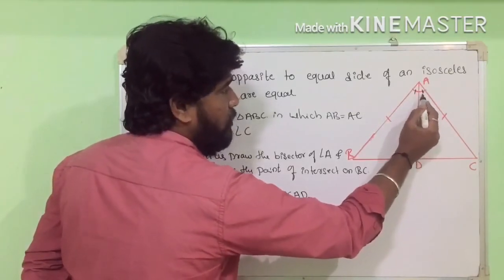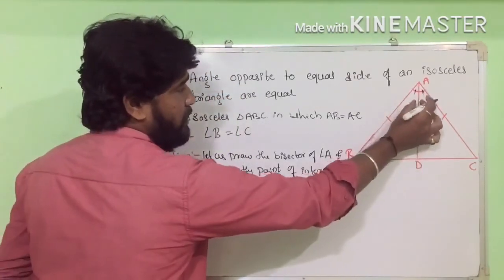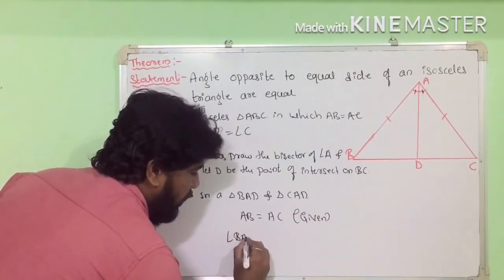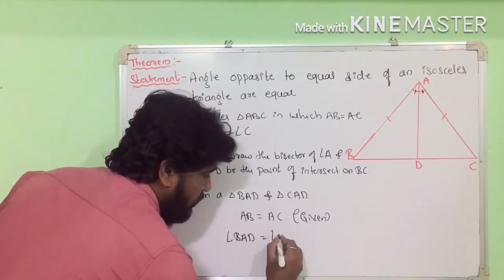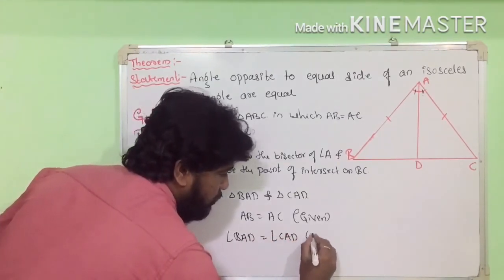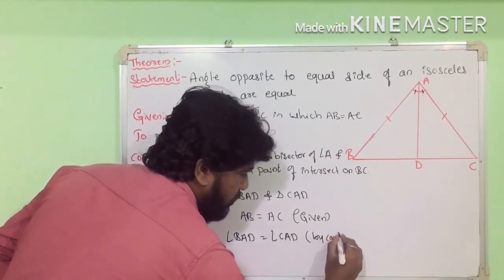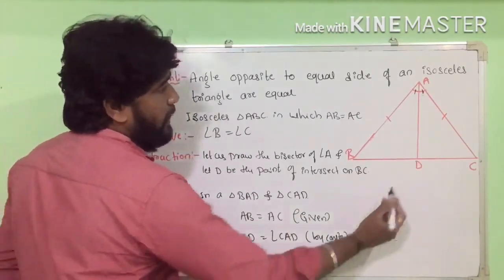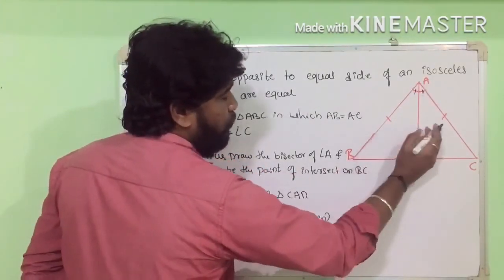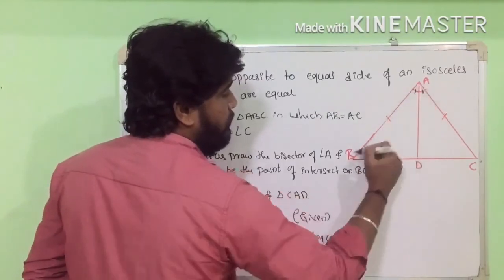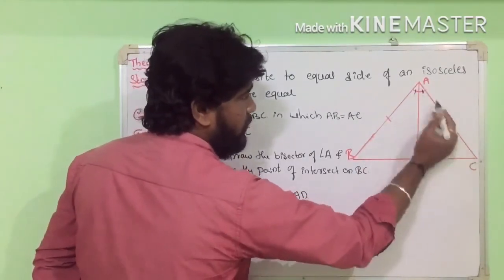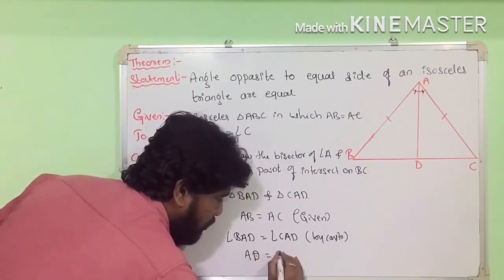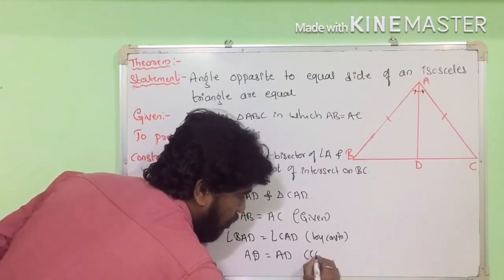These two angles are equal by construction, right? We only made a construction, the bisector. So angle BAD is equal to angle CAD, reason by construction. And here AD is common to both triangles. Here BAD, here also AD, CAD, here also AD. So AD is equal to AD, common side.